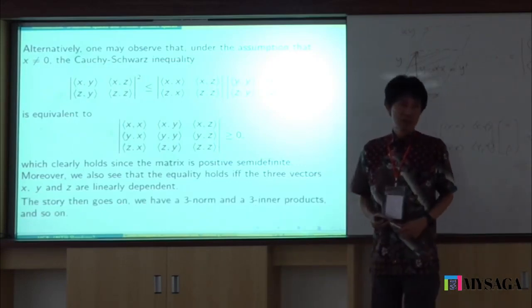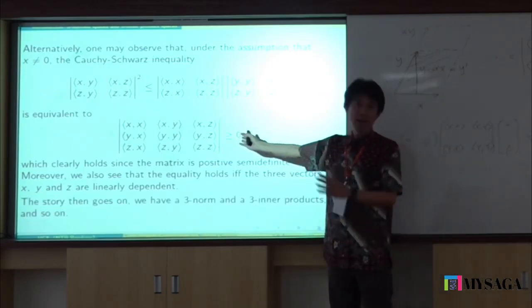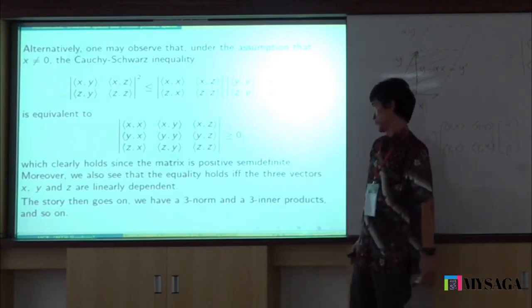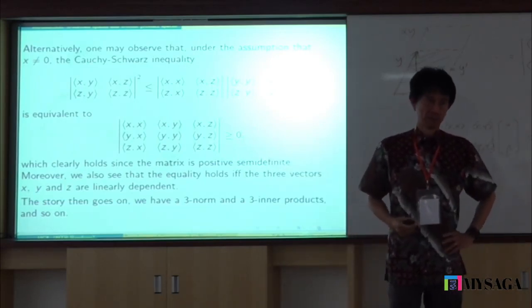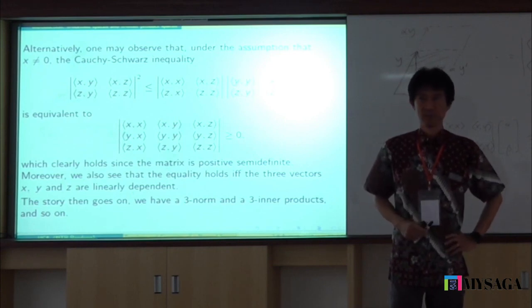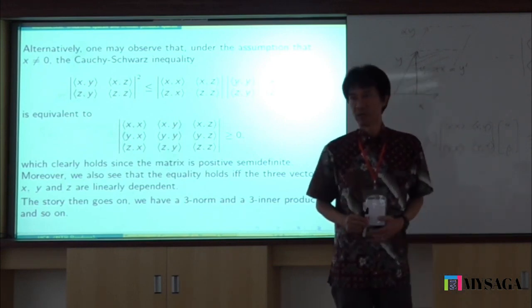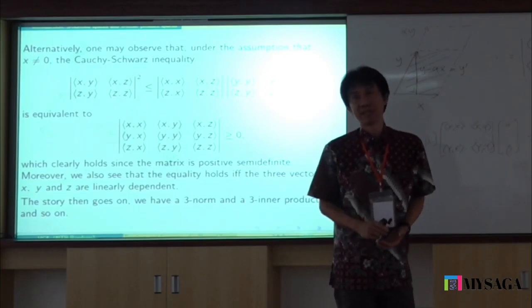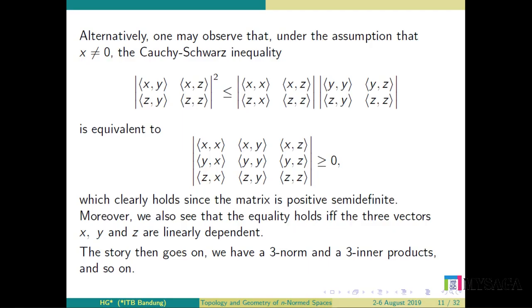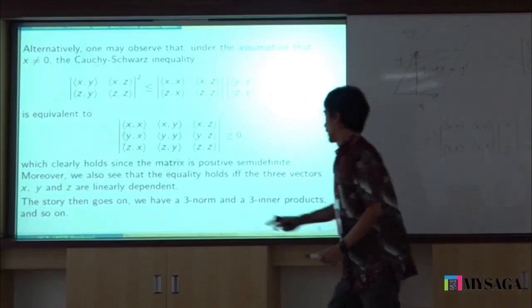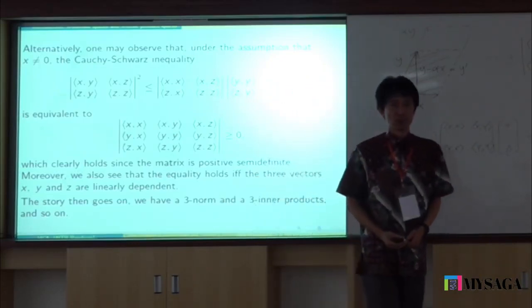And then the story goes on. How do we, if I call this trinorm, how do we prove the triangle inequality for the trinorm? Then I create the three inner product space, the three inner products, and I check the Cauchy-Schwarz inequality, I got it, and then I got the triangle inequality for the trinorm.